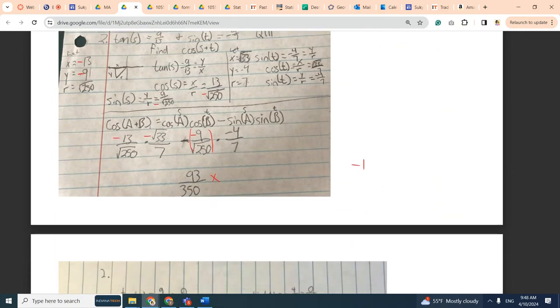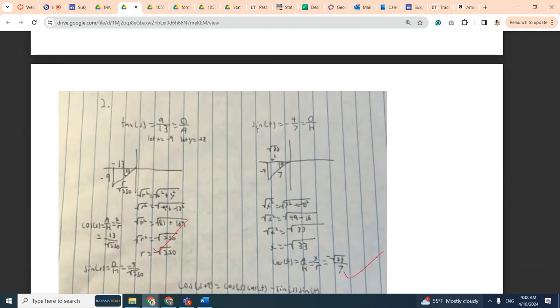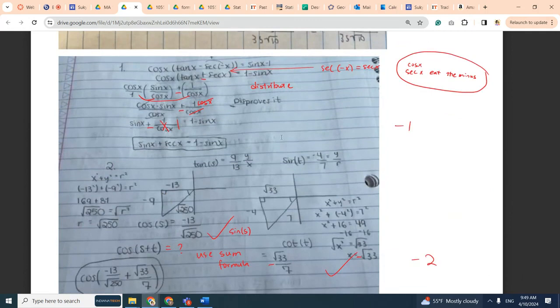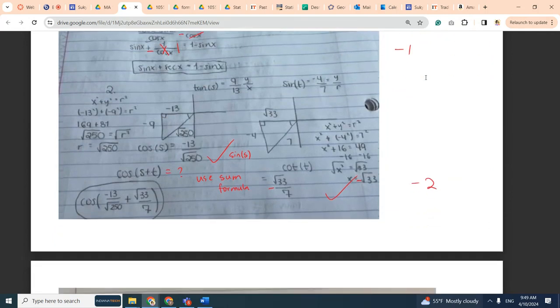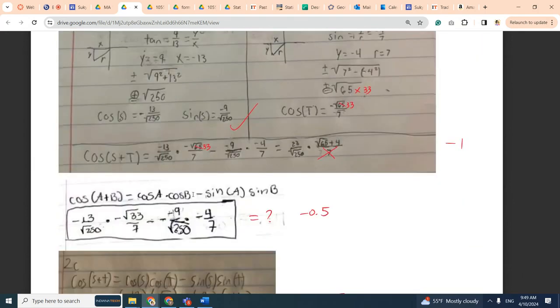And then here also missed a negative sign, and also simplify them. And yeah, here missed a sign. And here the secant of negative x is just secant x. Secant and cosine eat the minus. And then use the sum formula. Okay, the formula will be given.